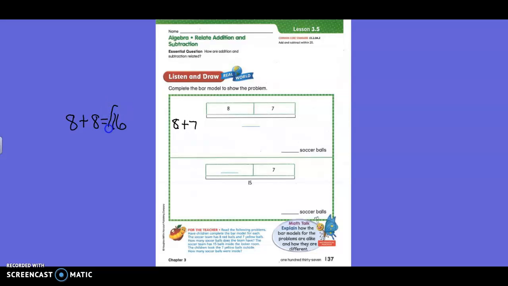So we have to look at 16 and say the answer to this one will be 1 less than 16. What's 1 less than 16, Kaysen? 15. So our answer is 15 soccer balls. Okay? 15 soccer balls.